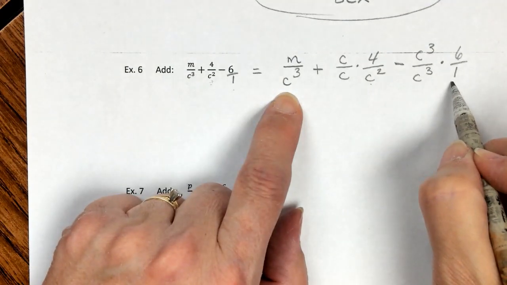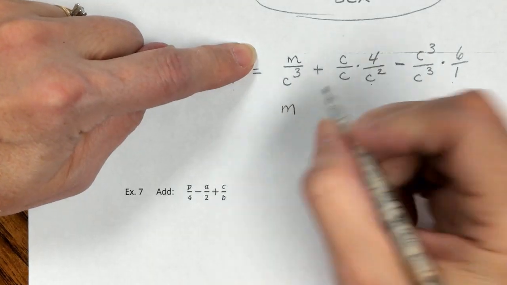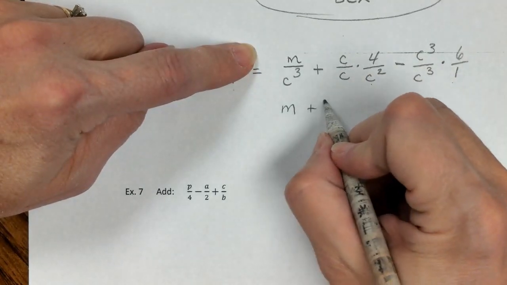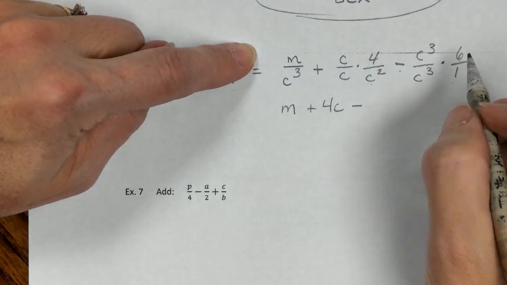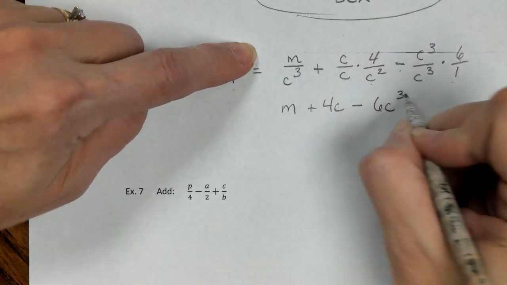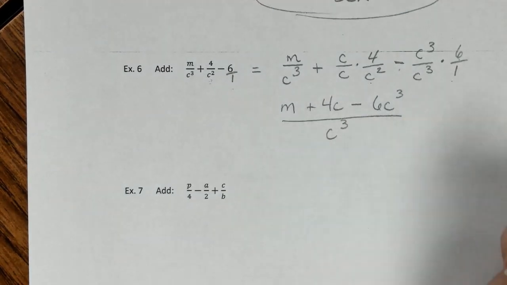Okay, make sure I have a c cubed here. That'll give me a c cubed, and there's a c cubed. So all the denominators are the same. So now we have m plus 4c minus 6c cubed all over the common denominator of c cubed.